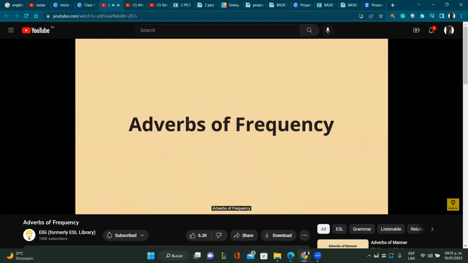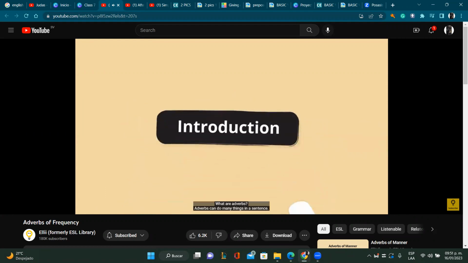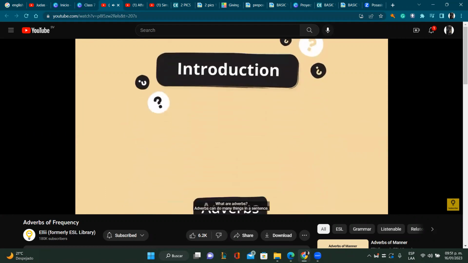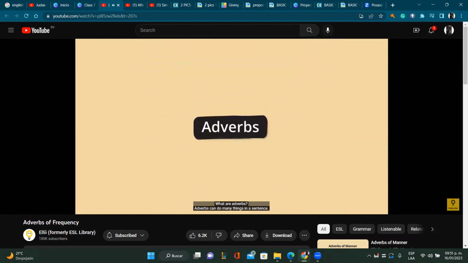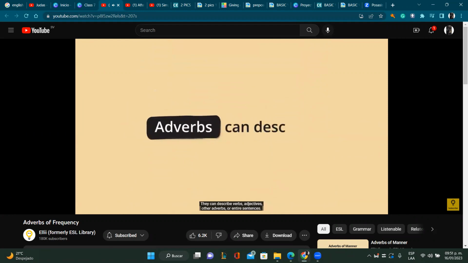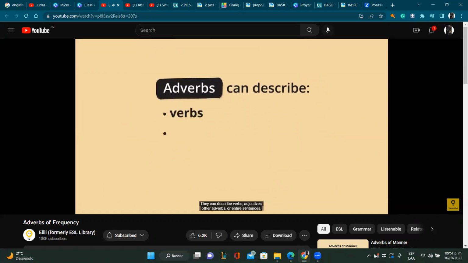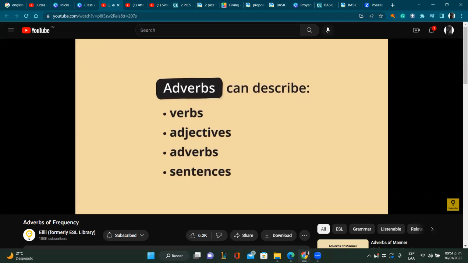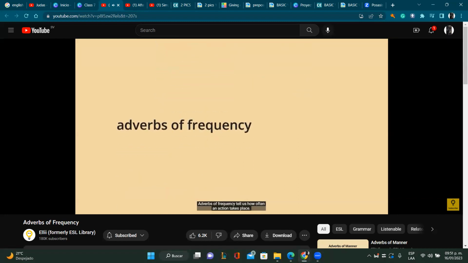Adverbs of frequency. What are adverbs? Adverbs can do many things in a sentence. They can describe verbs, adjectives, other adverbs, or entire sentences. Adverbs of frequency tell us how often an action takes place.